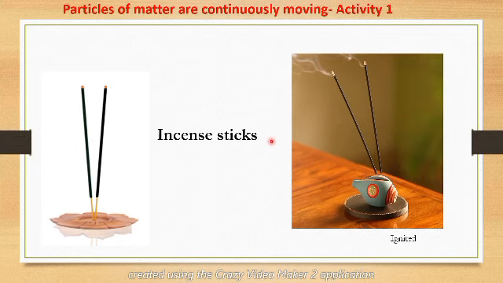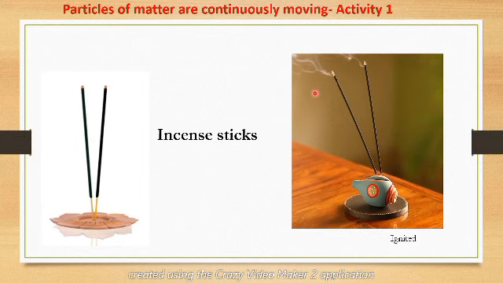Why has it happened in this case? The answer to this question is, when we ignite the incense sticks, the particles of fragrance move faster than the particles when the incense sticks were not ignited. When these incense sticks are ignited, they move faster because the kinetic energy of the particles of fragrance gets increased.